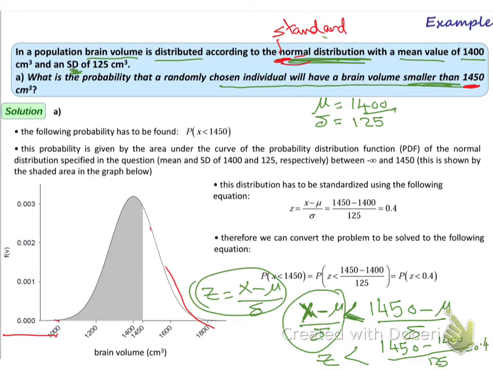In this case, I have the standard normal distribution, where mu equals 0 and sigma equals 1. I want all the area where z is less than 0.4. Here is 0, and 0.4 will be here.